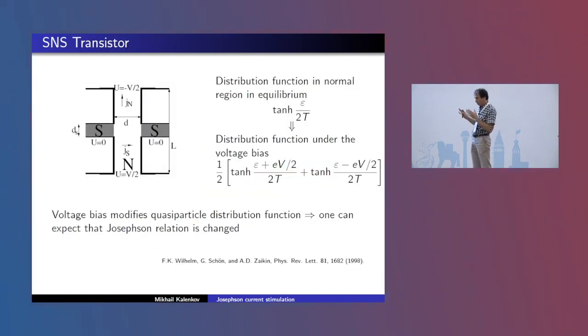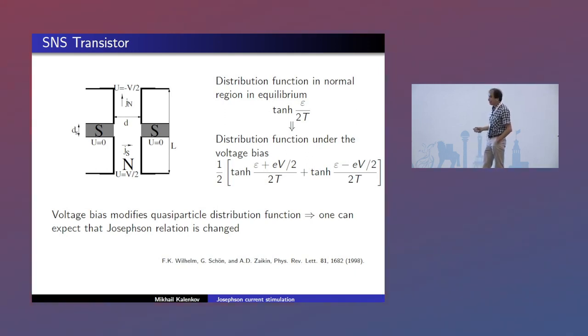Here I show one well-known example. It's actually the same structure I showed you before, two superconducting terminals and two normal terminals, and the voltage applied to the normal terminals. And we're asking what is the Josephson effect in such a structure.